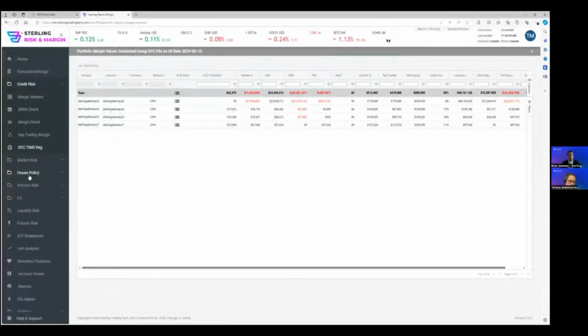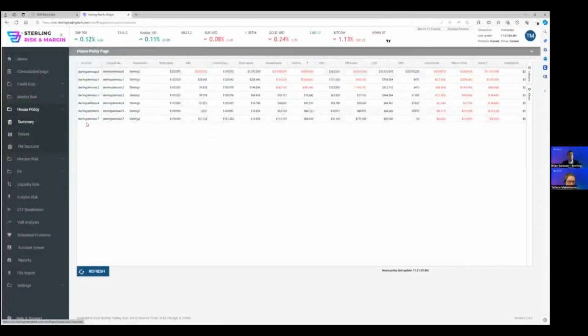Now let's switch to house policy. As Brian was saying earlier, our system allows customers to configure risk-based house policies, and the way it is done is heavily dependent on those risk shocks, which are the core of this system. So if your firm had a house policy configured on our system, you would see those calculations on the house policy page summary. So if we go here, we will see our 7 accounts.